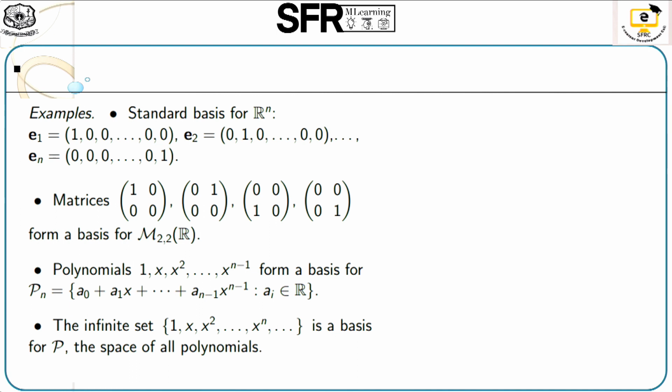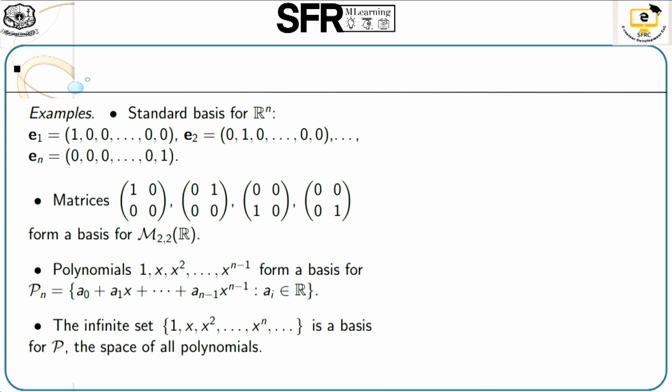For e3, the third entry, a21, is 1 and the rest are 0, and for e4 the last entry, a22, is 1 and the rest are 0. Therefore, these e1 to e4 form a basis for M22 of R.